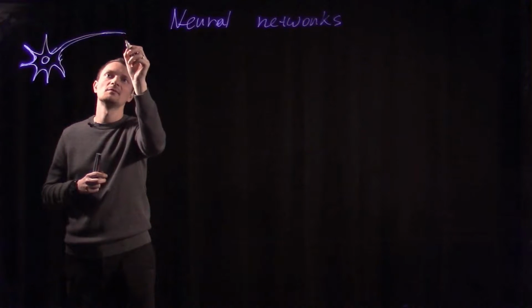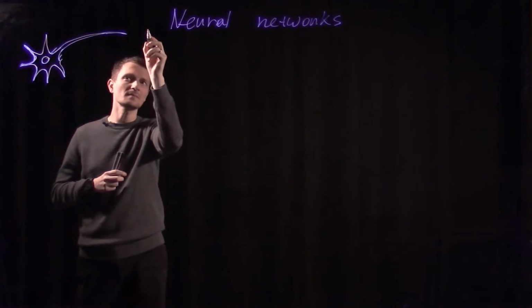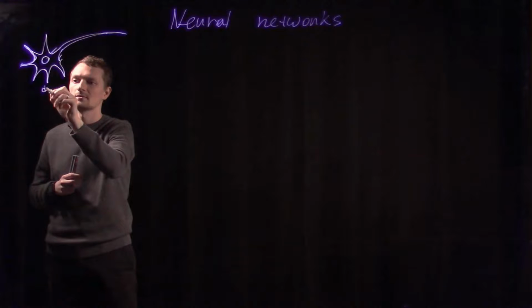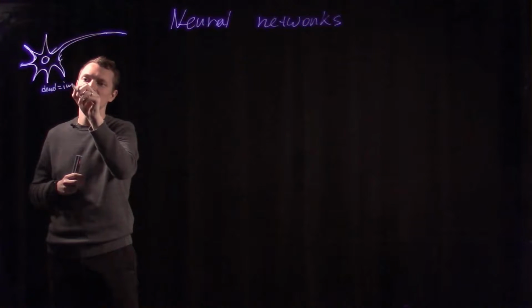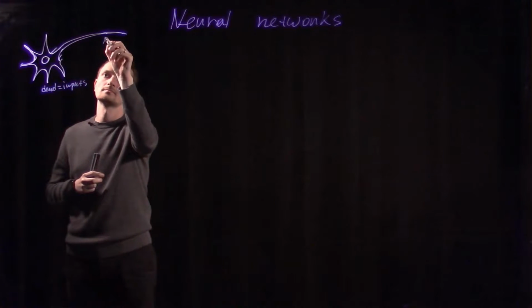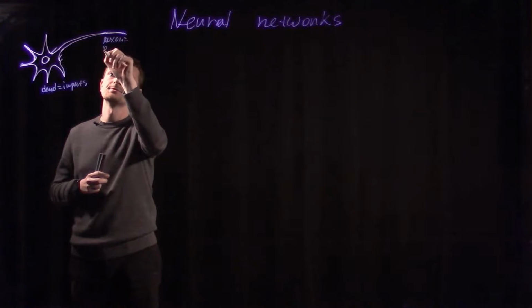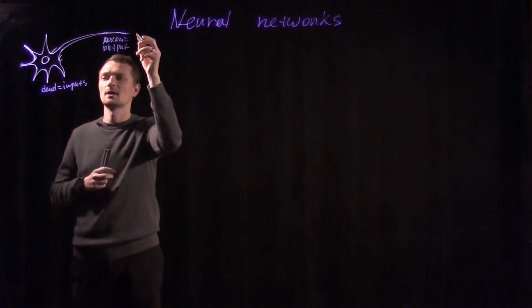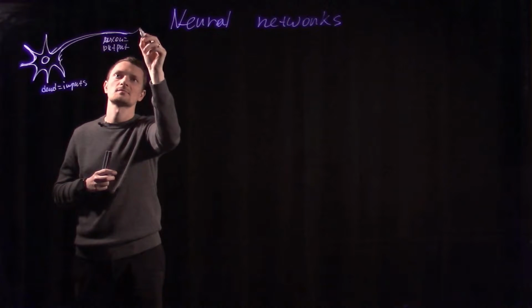It's normally a very long element that is connected to the dendrites, or inputs. The axon is the output, which is connected to the inputs of other neurons.